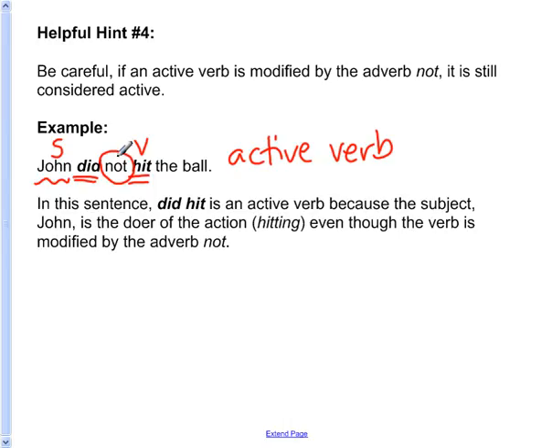Let's forget about the adverb not, in this case, and think about the fact that the action indicated by the verb is hitting. And again, we ask the question, is the subject doing the hitting? Yes, the subject is doing the hitting. So did not hit is considered an active verb. Did hit is considered an active verb, and not is an adverb.